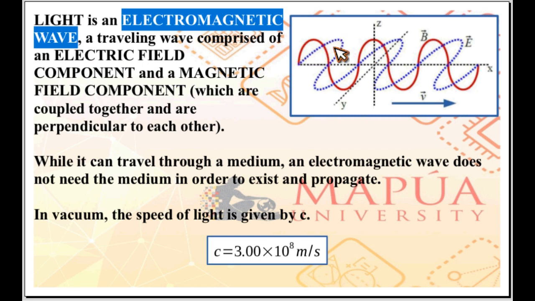So, the blue line in the figure is the electric field component, and the red line is the magnetic field component. You can think of the electromagnetic wave as basically two waves. You have disturbances in electric field, an electric field wave, and disturbances in magnetic field, a magnetic field wave.